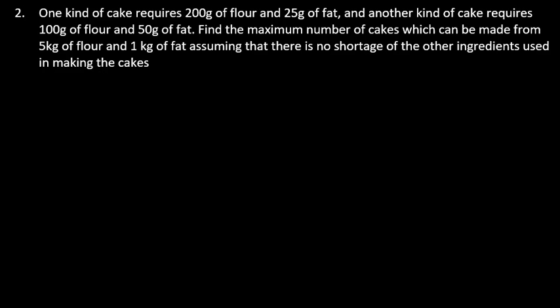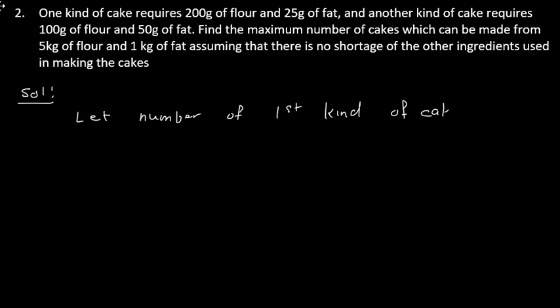So one kind of cake, other kind of cake. So here let us assume that, let the number of first kind of cake be X, and similarly the number of second kind of cake be Y. We have to find the maximum number of cakes we can make.